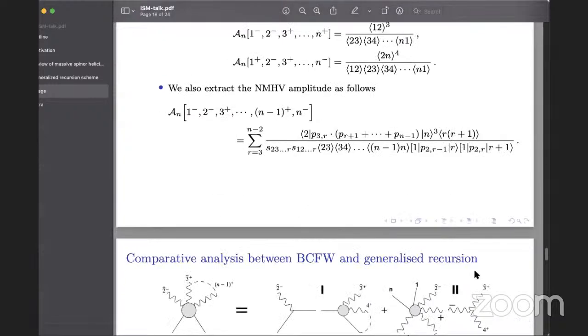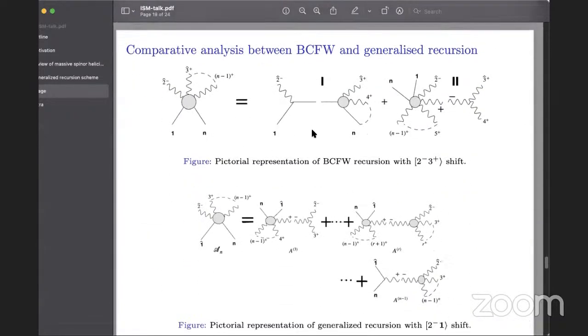So I just want to mention why the generalized recursion is advantageous over the BCFW. If you see this flipped helicity configuration, if you use a BCFW type shift, like I did on 2-3, there will be 2 possible channels.